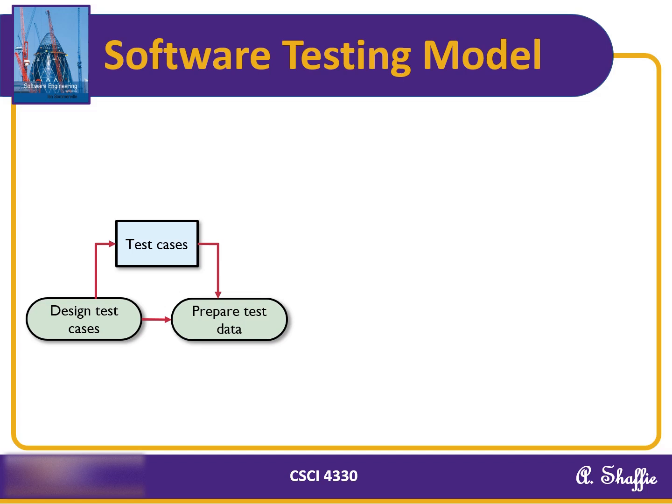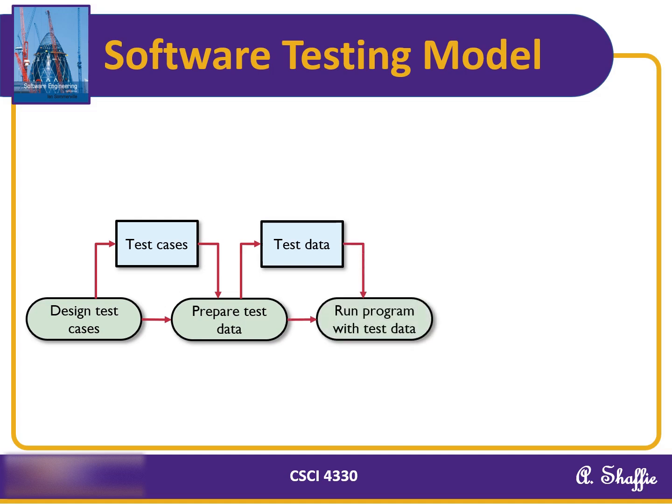The prepare test data stage is responsible for creating the actual test inputs needed for the following phase, which is run program with test data. In this phase, the program is executed using the prepared test data, and the system generates its actual output based on the provided inputs.